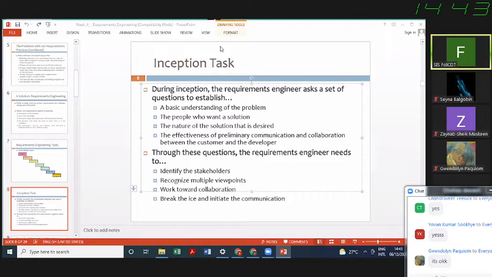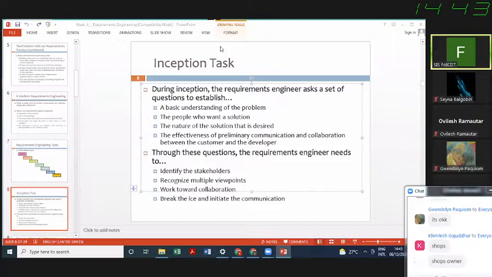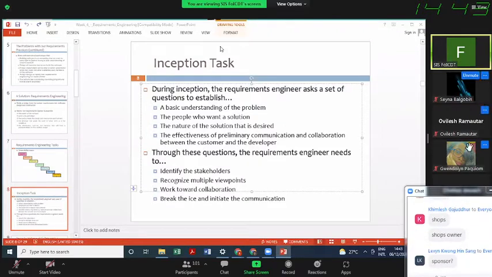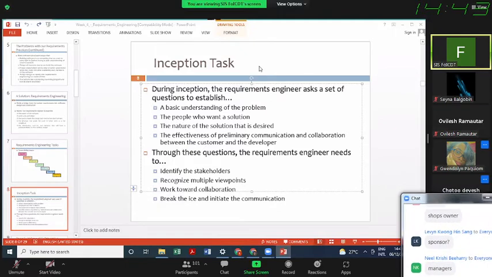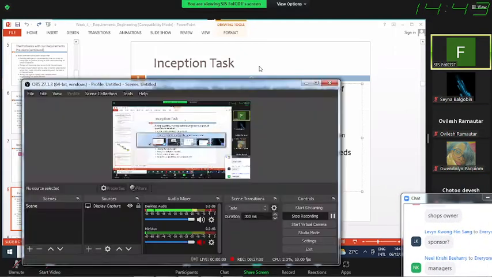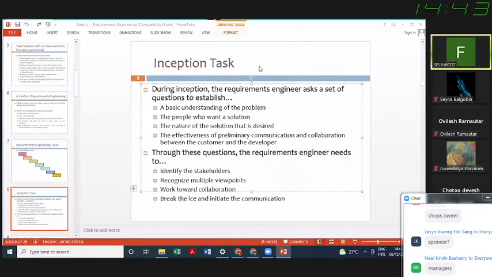Okay, the customer, the MCB staff, the MCB bank, perhaps the shops, because let's say shop owners, like our friend Kimlish is mentioning, they're going to use the application. So perhaps a client might transfer money to the shop owner. So they are going to be stakeholders.